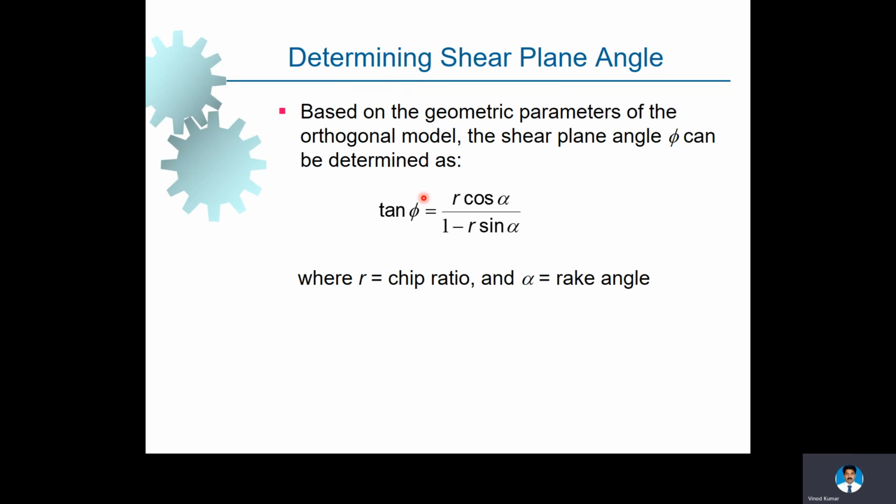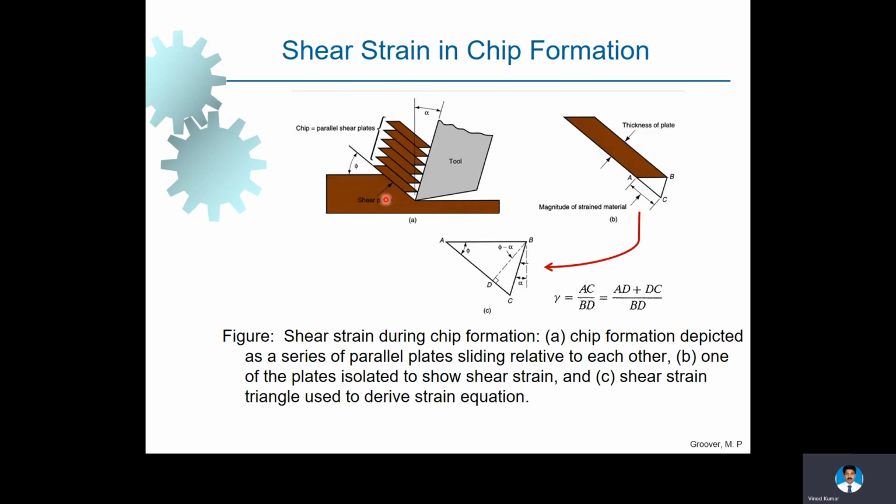Here r is the chip ratio, alpha is the rake angle, the angle of the tool, and phi is the shear plane angle. So using this, we can find the angle across which the chip forms.